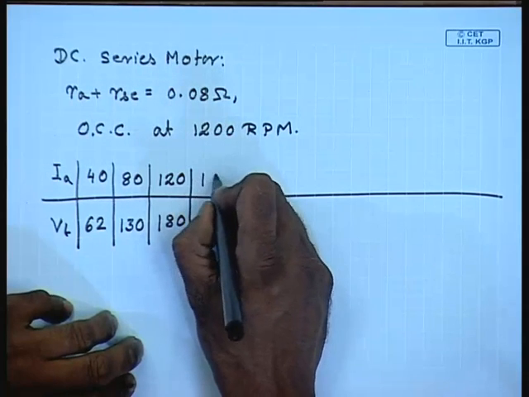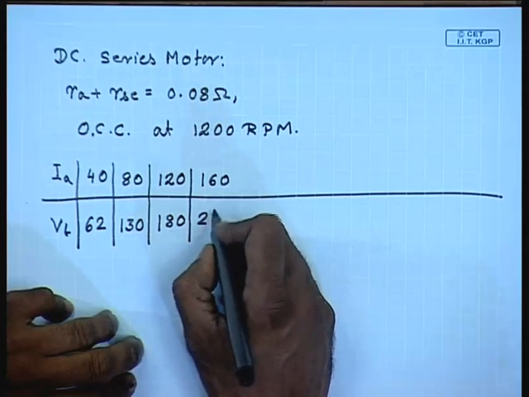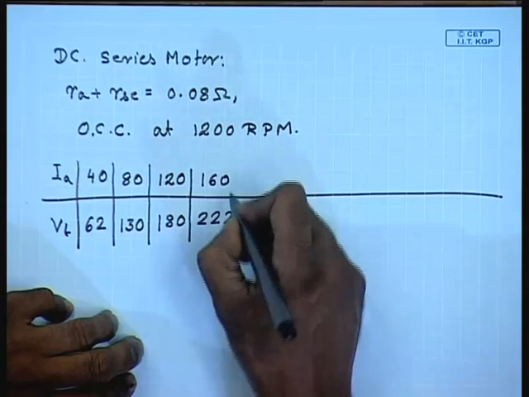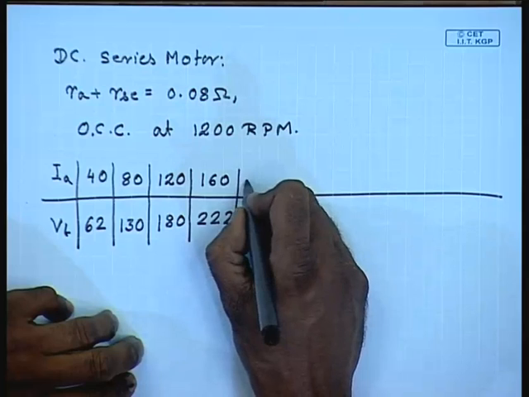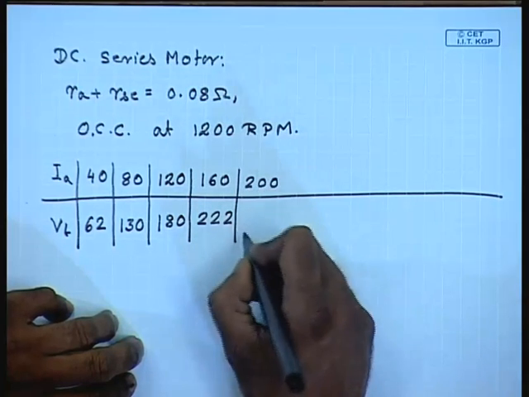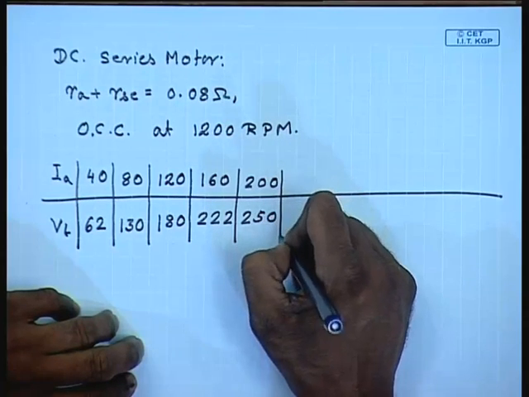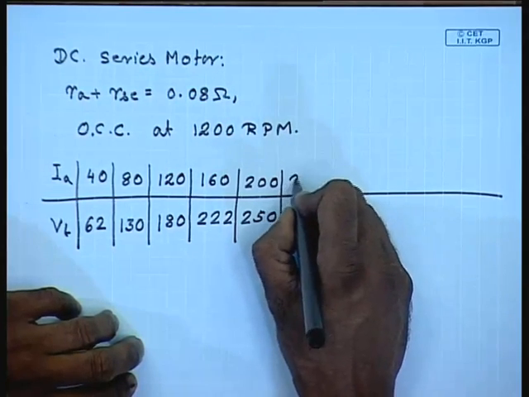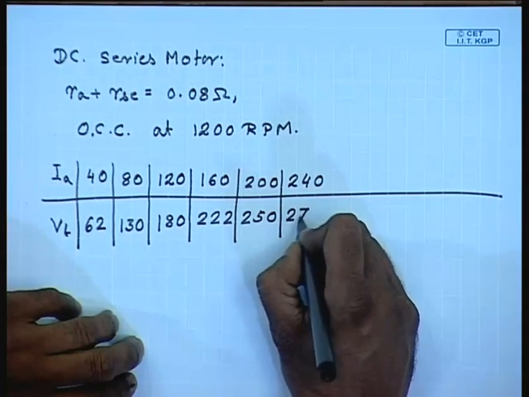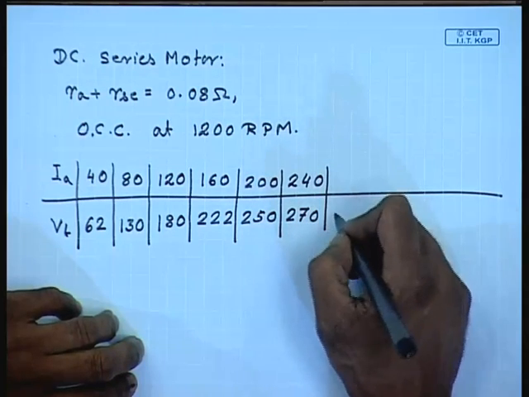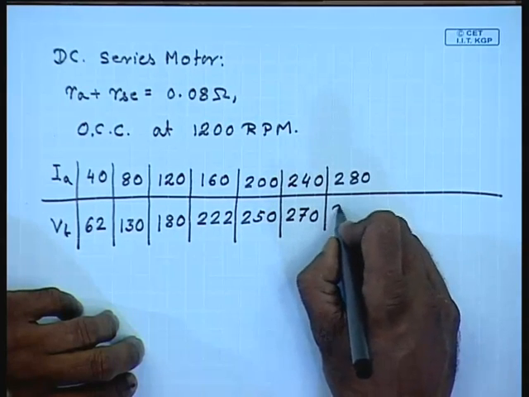At 160 amperes this is 222 volts. At 200 amperes it is 250 volts. At 240 amperes it is 270 volts. At 280 amperes it is 280 volts.